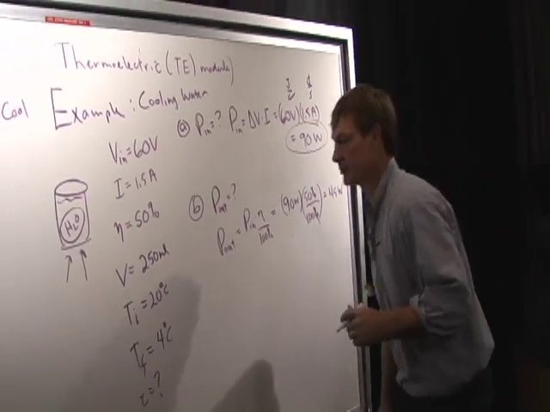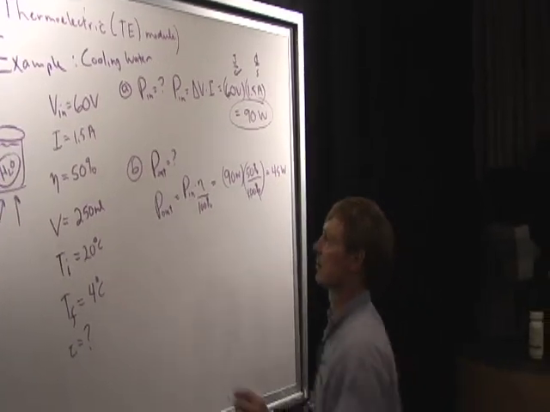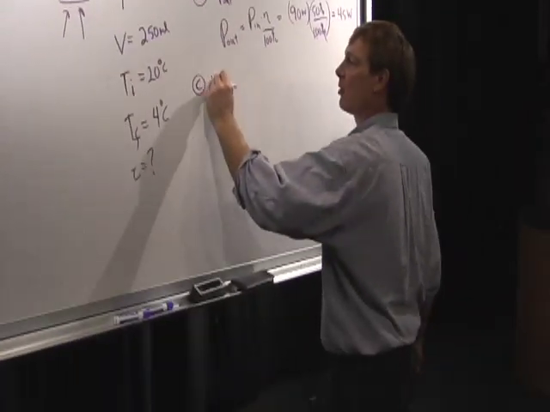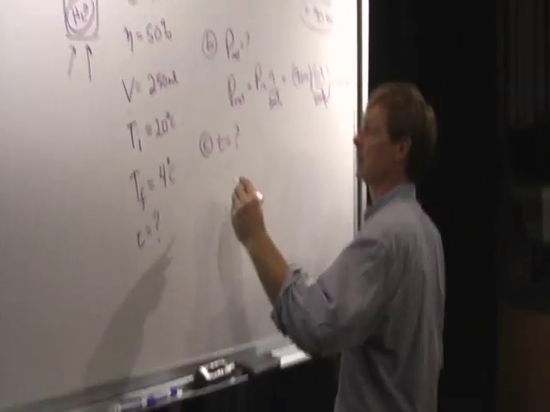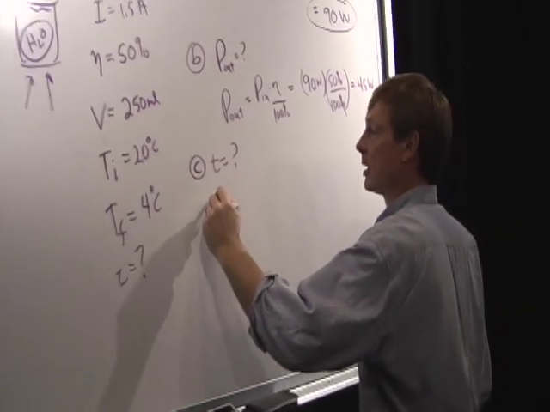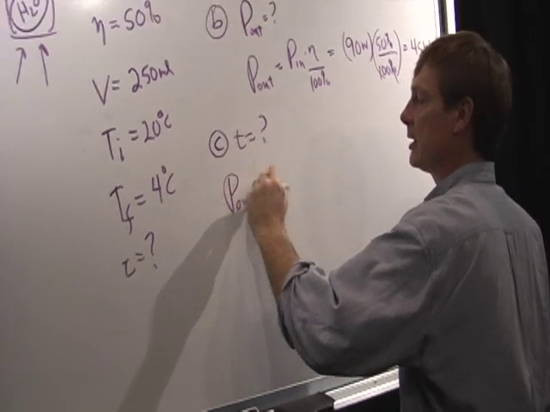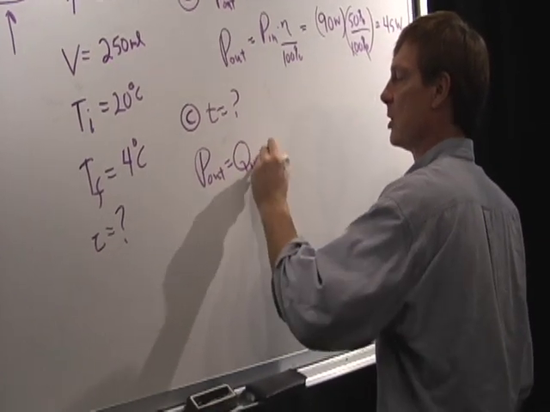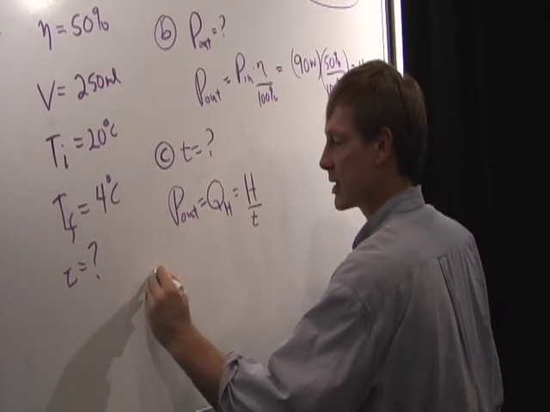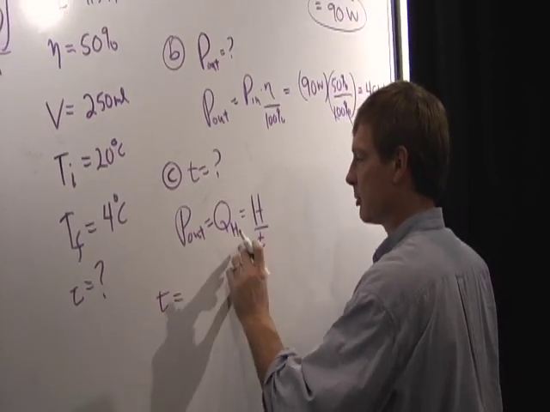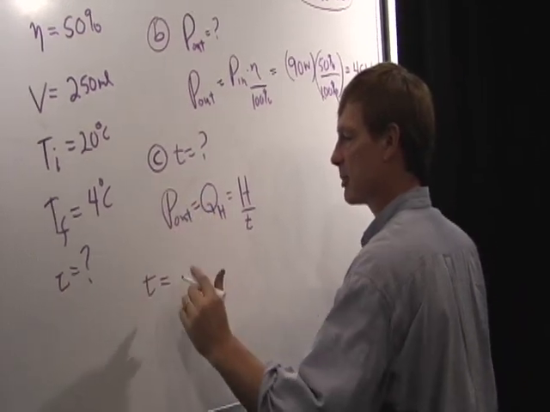C. How long does it take to do that? Well, let's see. The output power is just the heat transfer rate, which is the heat over time. So I can solve for the time. Multiply both sides by time, divide both sides by the output power.